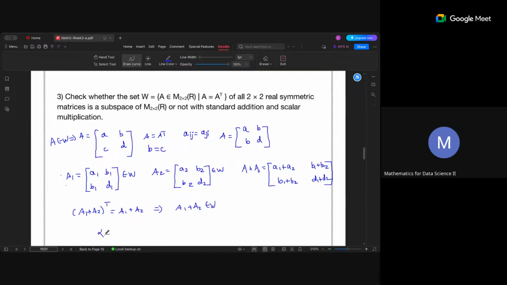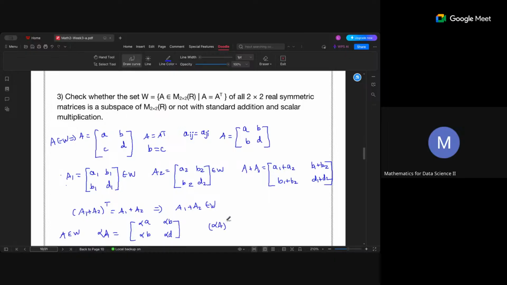What about alpha A? A belongs to W. Now alpha A is simply alpha A, alpha B, alpha B, alpha D. This is also very straightforward.